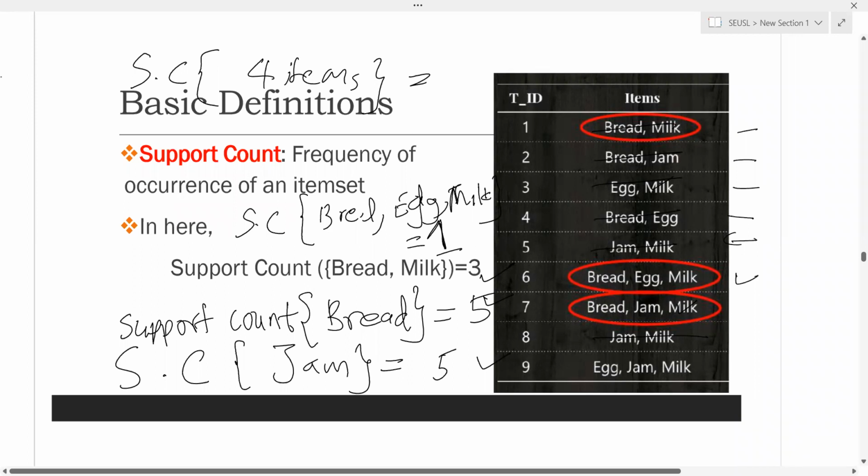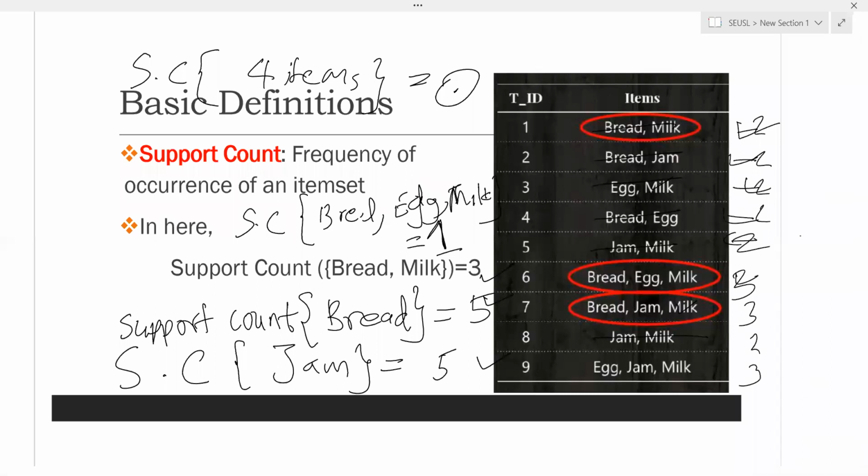The answer is 0. Why does it become 0? There is no transaction containing 4 items. There are only 2 item sets, 3, 3, 2, 3. So the item set count for the 4 item set is 0. Do you understand?